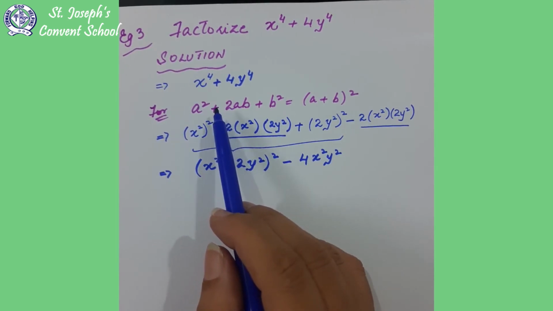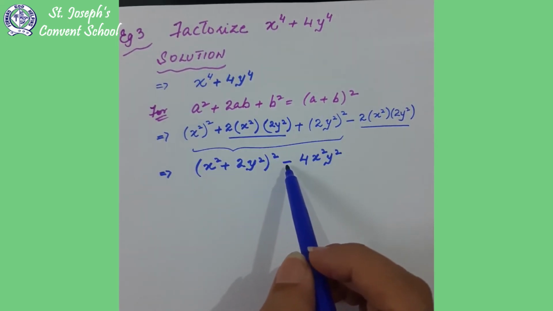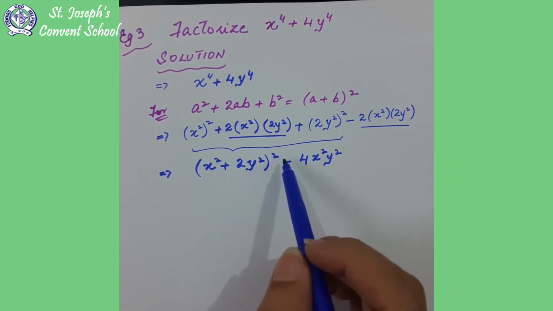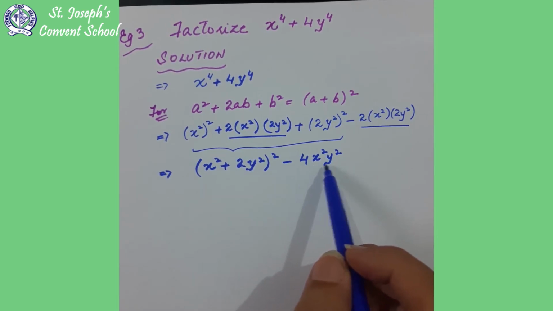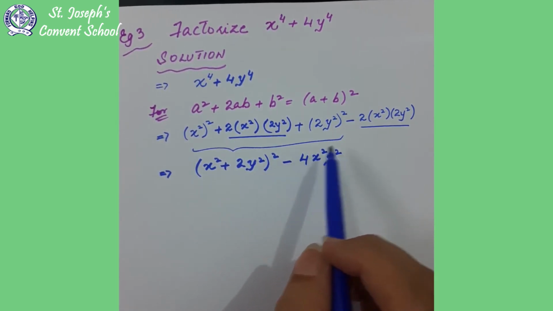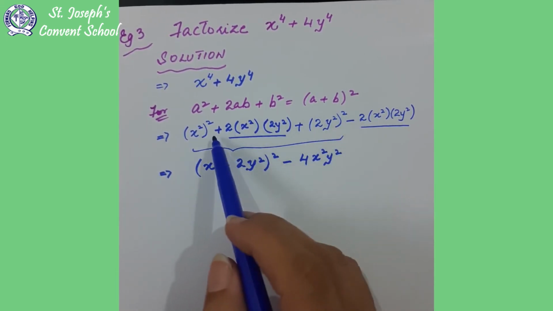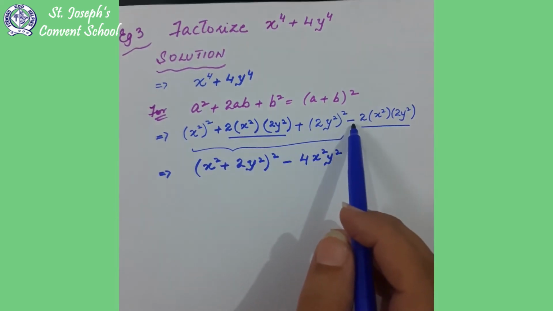Okay, so when middle term is missing, always apply plus formula. Why? So that you can subtract here and you can apply the second formula. Second formula is with minus sign, a square minus b square. So we need minus sign that side. That's why always apply plus here so that you will get minus that side.